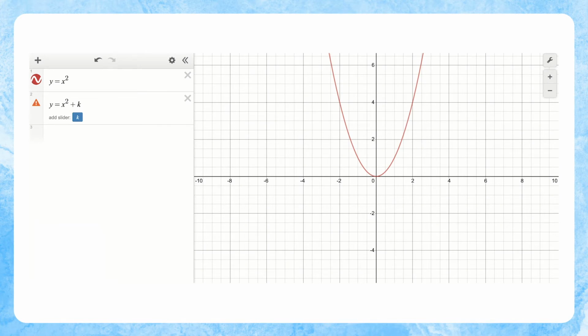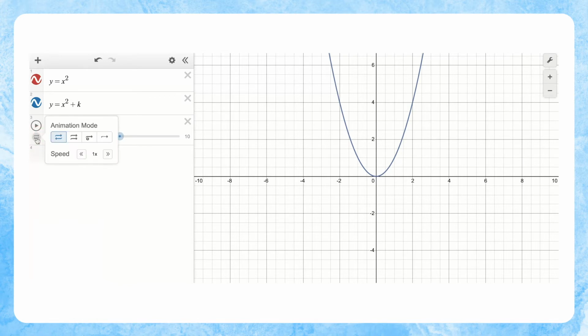What happens when we adjust k? So here I am on my favorite website, Desmos, favorite kind of. And notice I have my parent function, y equals x squared. And I also typed out y equals x squared plus k to see the effects of k. Notice here if I click on add slider, I can change the value of k.